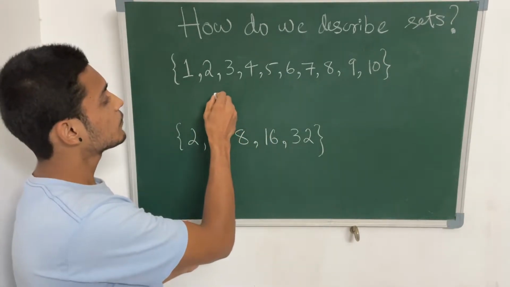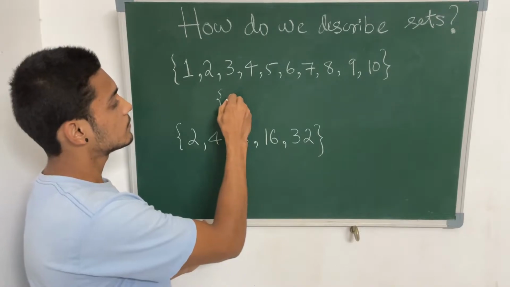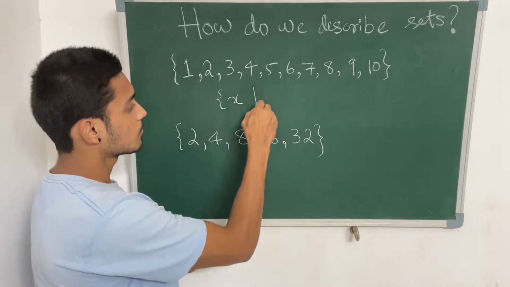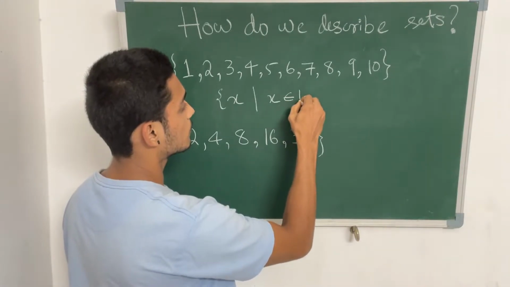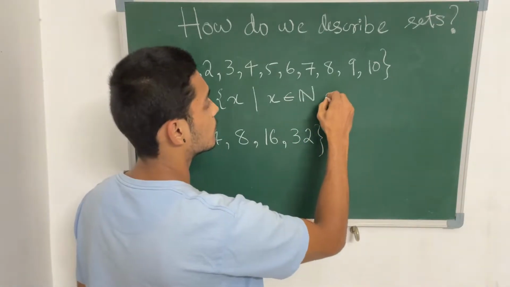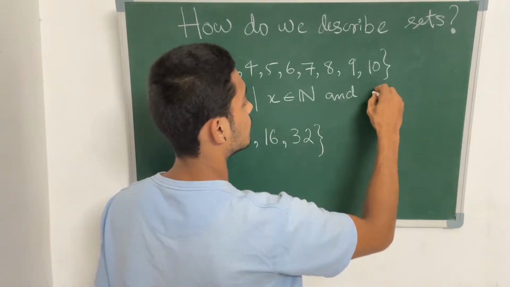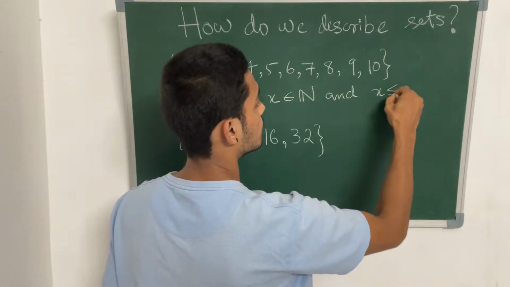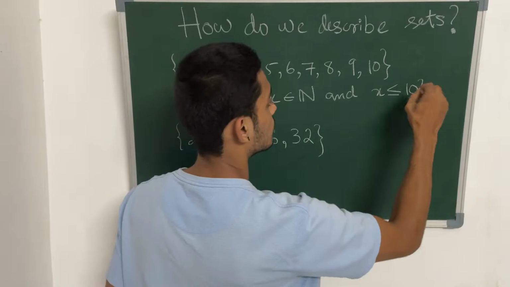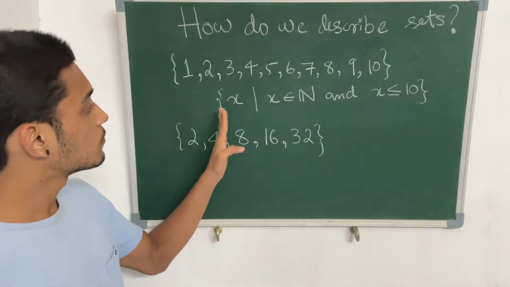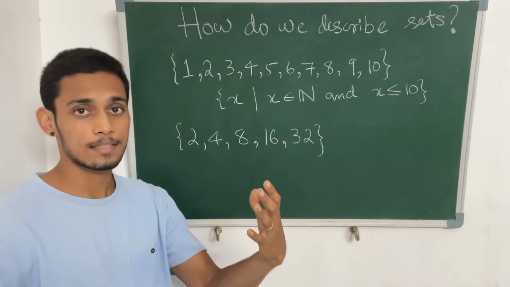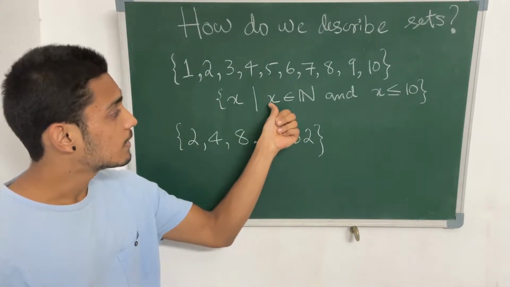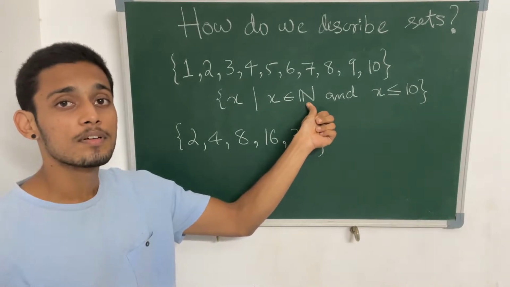So very clear, we can just write this as that. So what it means is this set contains all elements x such that x is a member of natural numbers.